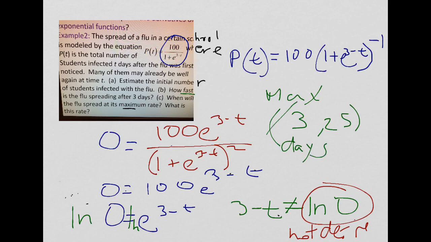So that's when the flu spread at the maximum rate. And this, from our last part, was our maximum rate. Let me know if you have any questions on its graph. But there we have it. Okay. So make sure that you practice, and good luck.